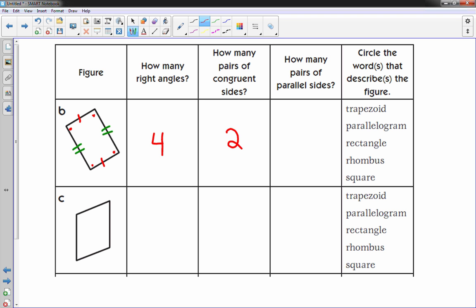Next one, how many pairs of parallel sides? Okay. It appears to me that this is parallel to this, and this side is parallel to this side. So that would be 2 pairs. Okay, interesting. So this thing, by definition, could be considered a couple of choices here. It could be a parallelogram because it fits the definition.